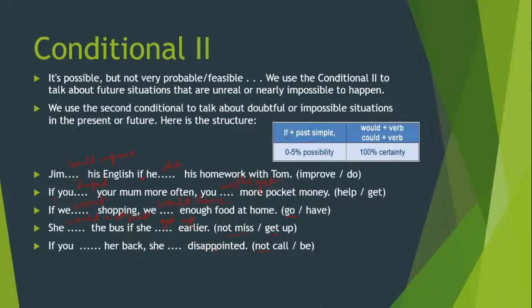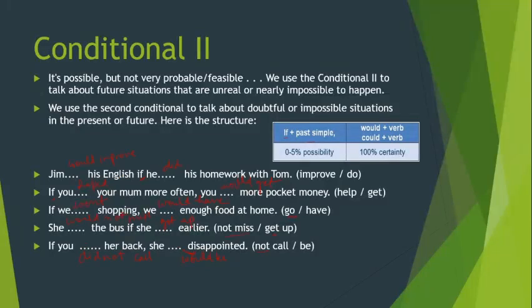Again a negative sentence: if you did not call her back, she would be disappointed. So if the conditional clause is in the simple past, the main sentence will be would or could plus verb form.